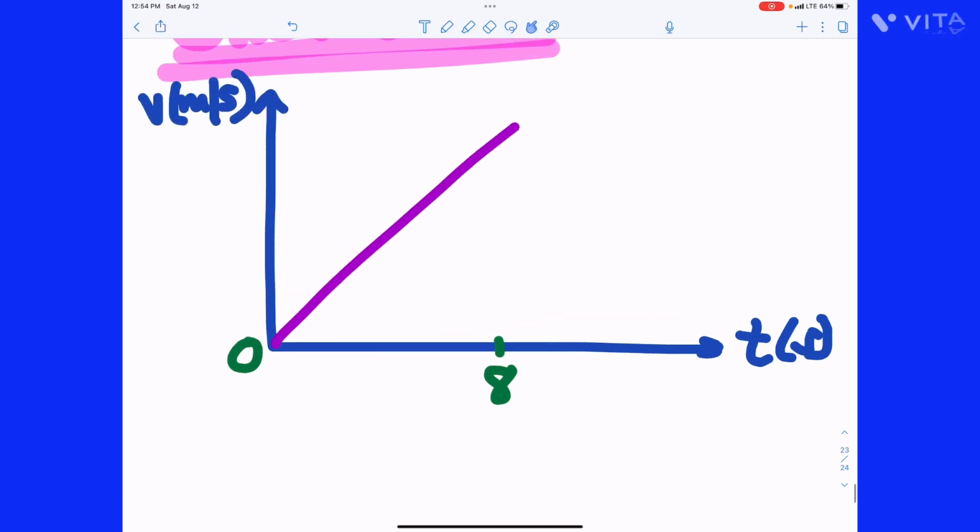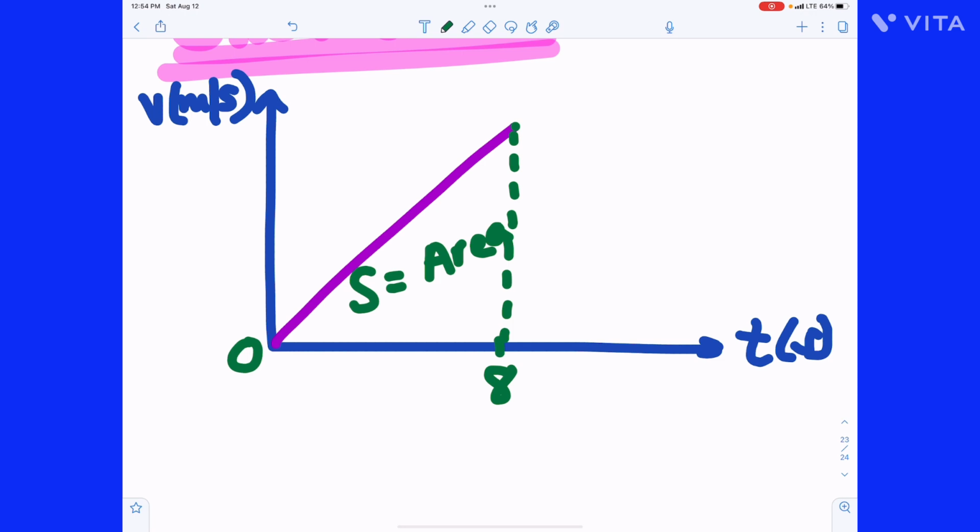So first thing you need to know here is that in a velocity time graph, the distance traveled is the area under the graph. So if you want to find the distance traveled in this motion, just do half base times height.